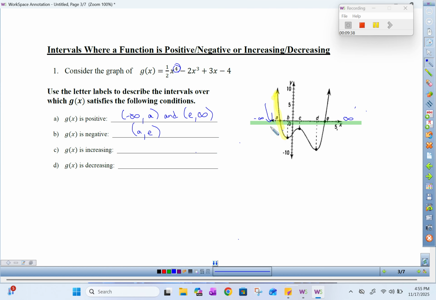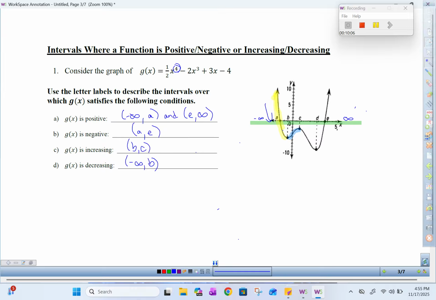So I am decreasing first, so I'm going to go down to this decreasing section and say from negative infinity to B. Now notice I said from negative infinity. I didn't start decreasing at A, it started way at the beginning of the graph. Then my next section on the graph, I am increasing. Okay, so from B to C, the graph is increasing.